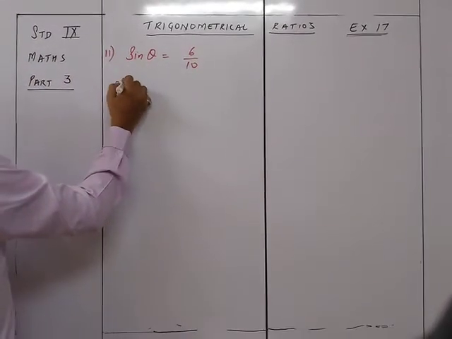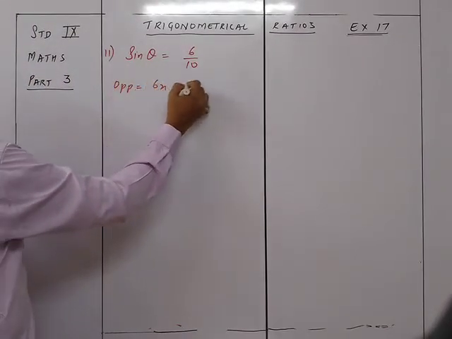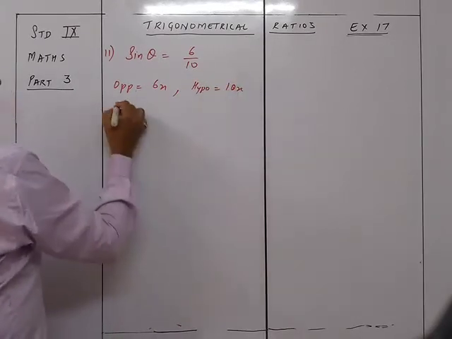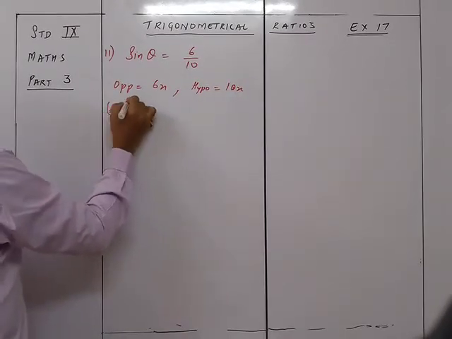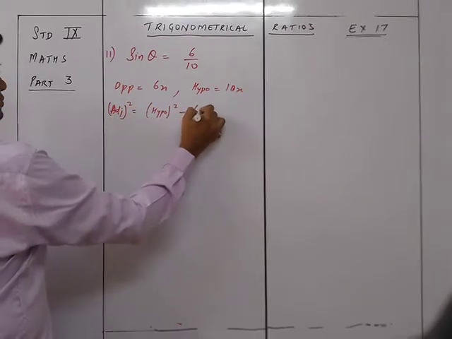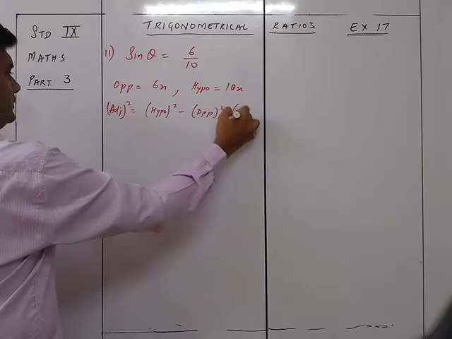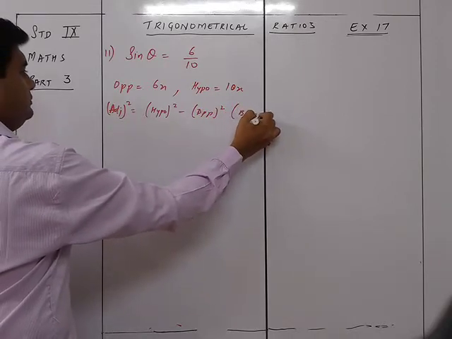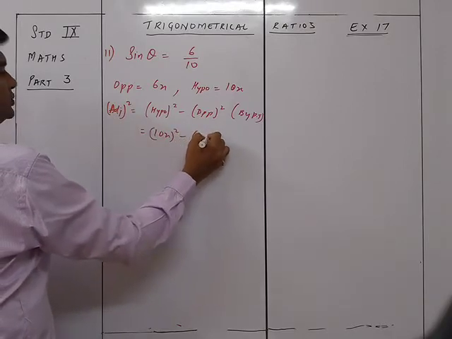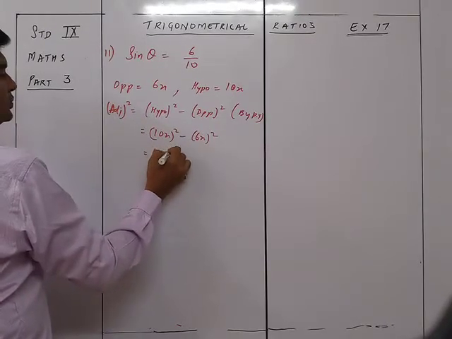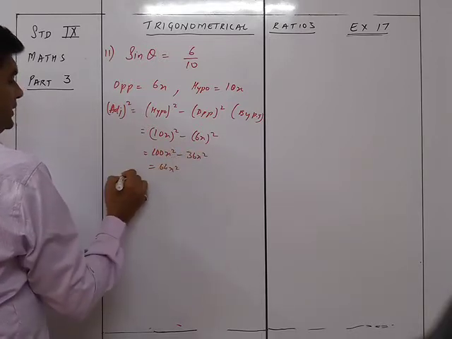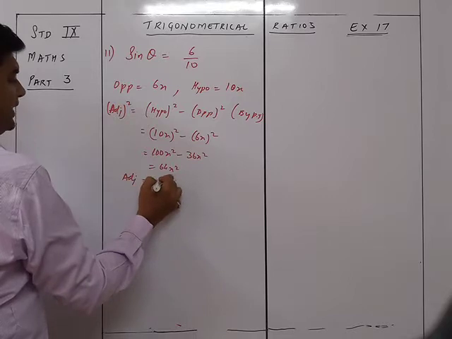So that gives me opposite is equals to 6x and hypotenuse is equals to 10x. So adjacent square is equals to hypotenuse square minus opposite square by Pythagoras theorem. That gives me 10x the whole square minus 6x the whole square is 100x square minus 36x square is equals to 64x square. Therefore adjacent is equals to 8x.